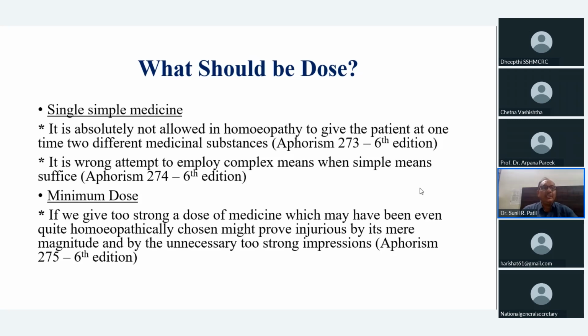A single and simple medicine is absolutely not allowed in homeopathy to be given to the patient at one time as different medicinal substances. Aphorism number 273, sixth edition, absolutely does not allow in homeopathy two different medicinal substances to be given at one time.